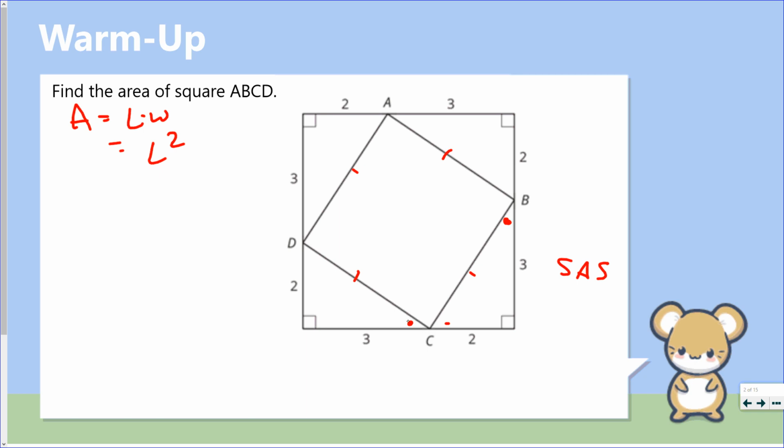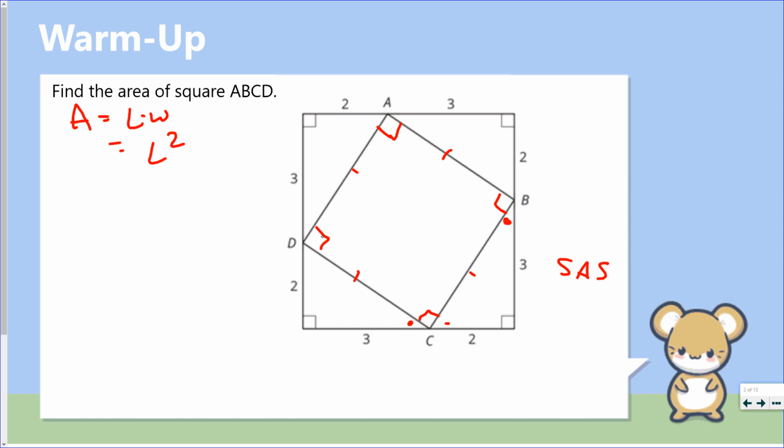So these two angles therefore add up to 90. Therefore, this must be 90 degrees. This is 90 degrees. So a little side note here: we can prove that this is in fact a square, but that's kind of beside the point. Just a fun little fact. But now, can you find its area?